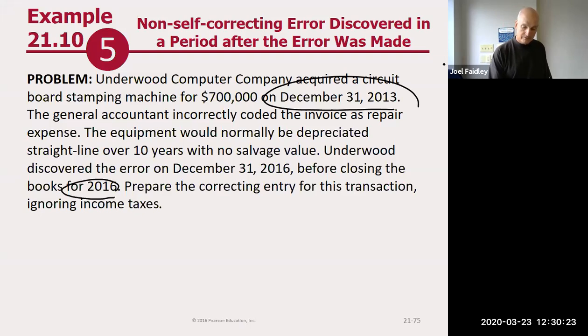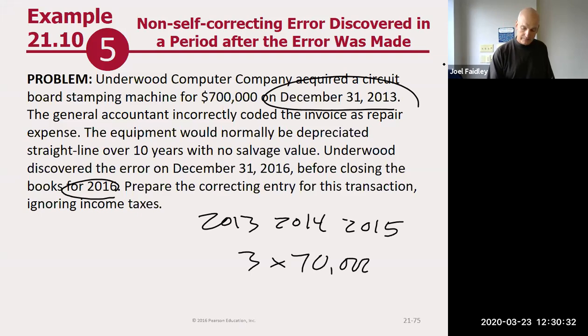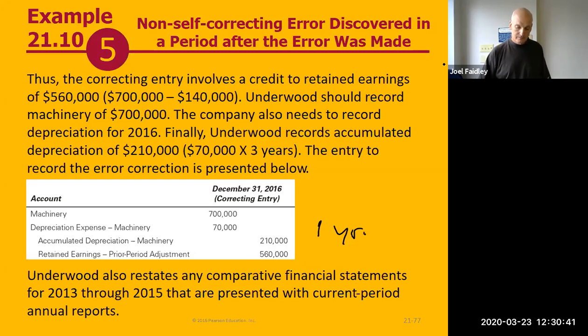Before closing books for 2016, we've got 2013, 2014, and 2015. So we've got 3 years of $70,000 in depreciation. We've got to get that $700,000 out of there as well, don't we? And put it to the asset. All right, so that makes sense. There's my machinery. It's coming out of my retained earnings. And my $70,000 depreciation expense, that's got to be 3 years' worth to get my balance sheet accounts, my permanent accounts, correct.